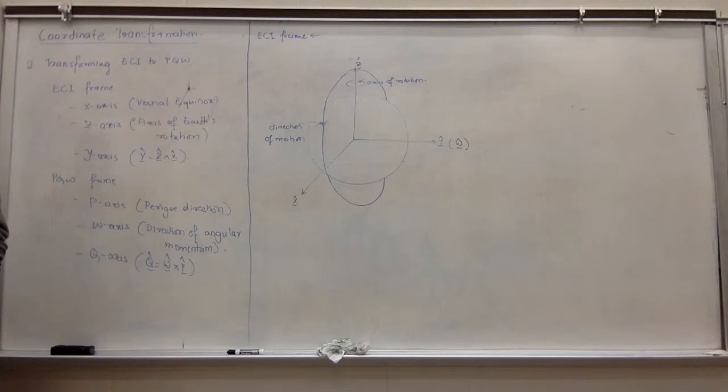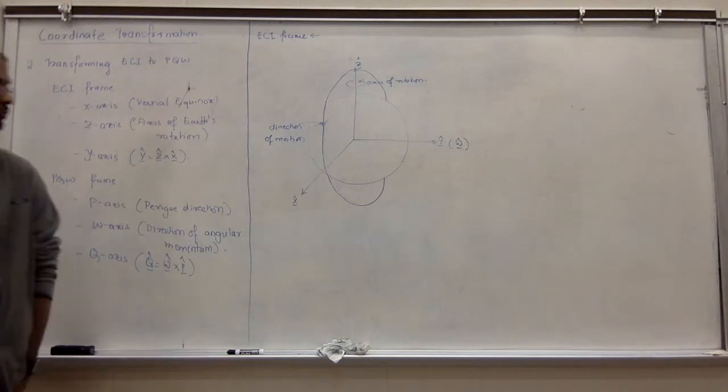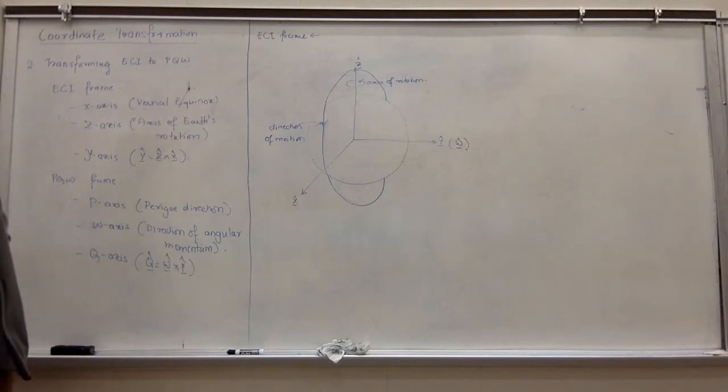Right. He did cosine of little omega and the different rotational matrices, and I think it was a 3-1-3 rotation sequence, so I think that's how we're supposed to do it.